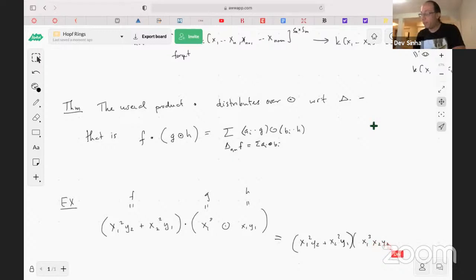Then I have to symmetrize that, and so that's x2 cubed x1 y1, if you will. Great, and I can multiply that out, and I get this.